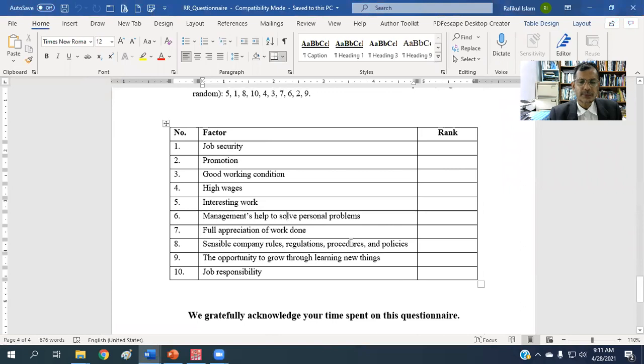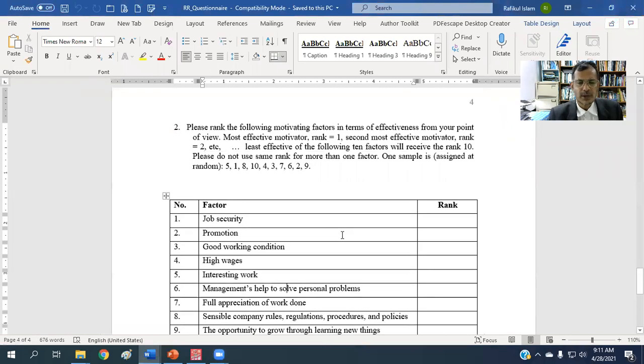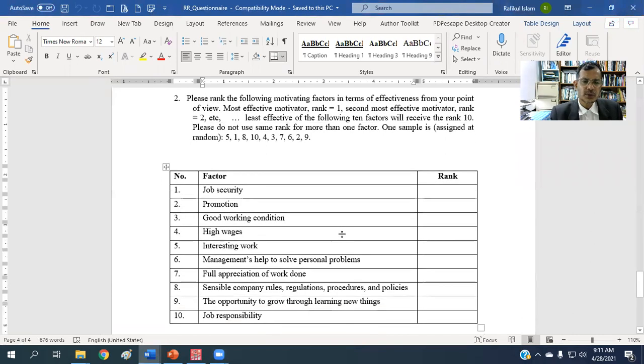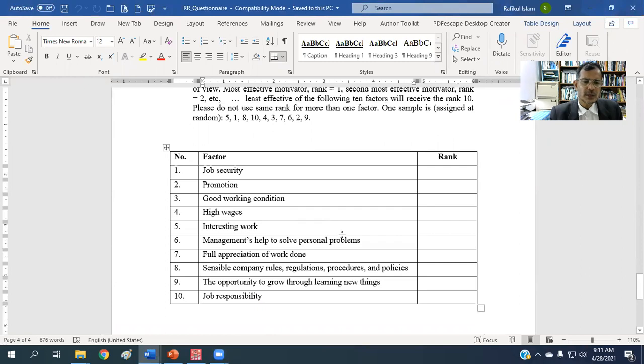Sometimes employees who are working in organizations get demotivated due to a variety of reasons. So in this backdrop, we compiled just 10 motivating factors and asked them to rank in terms of their preference, in terms of how these factors appeal to them. Job security, promotion, good working condition, etc.